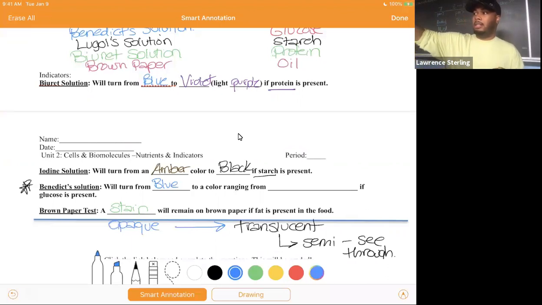And here is our glucose test. So I left it in there a little bit too long. I did. I'm not gonna lie to you. But essentially, it turned orange.